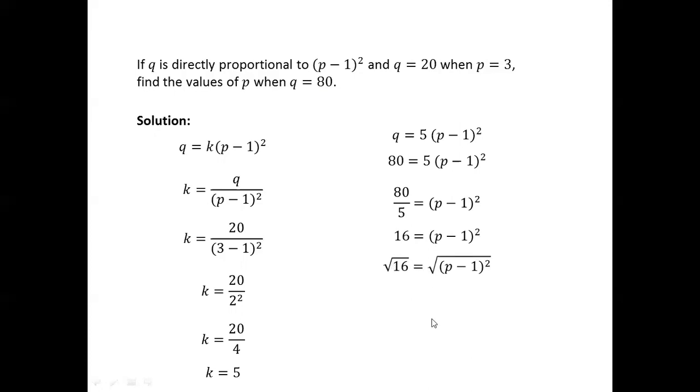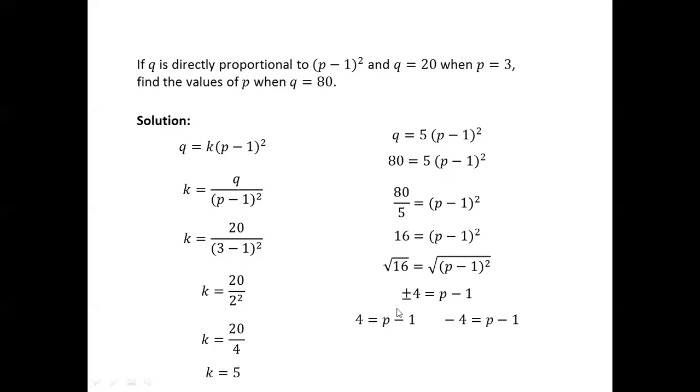Then the square root of 16 can either be positive or negative 4. The square root of the square of p minus 1 is, of course, p minus 1. Now, what does this mean? It means that p minus 1 can be equal to positive 4, or p minus 1 can be equal to negative 4. So we have to solve it part by part, like this.